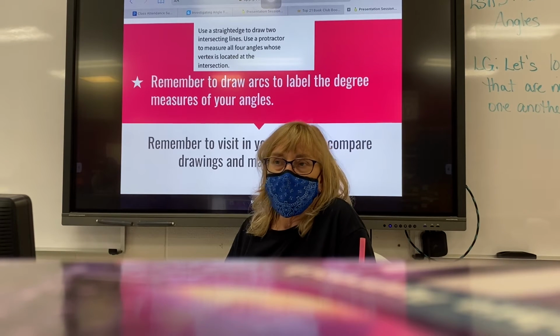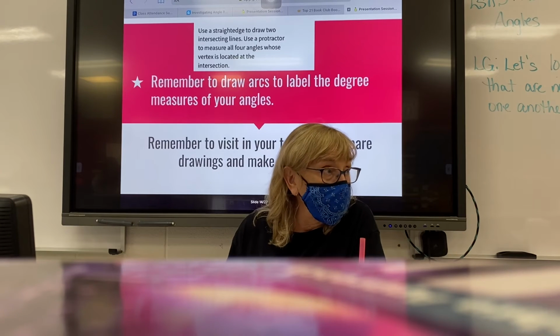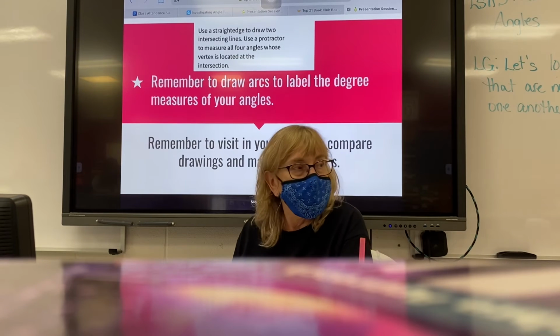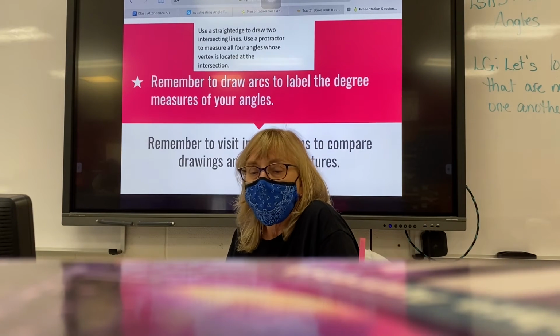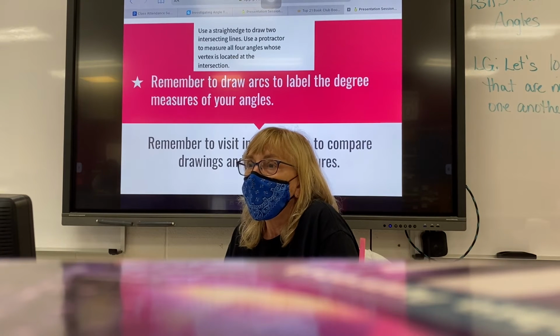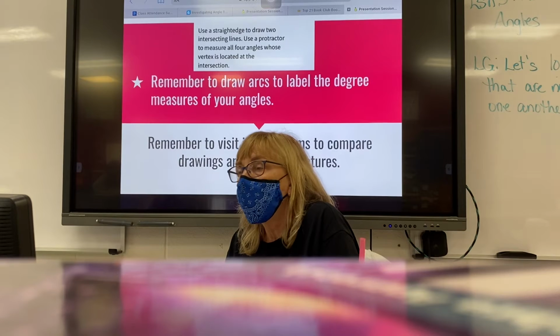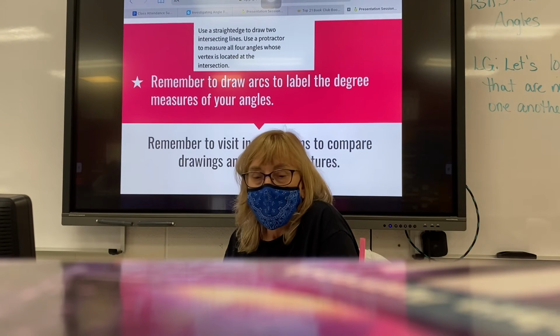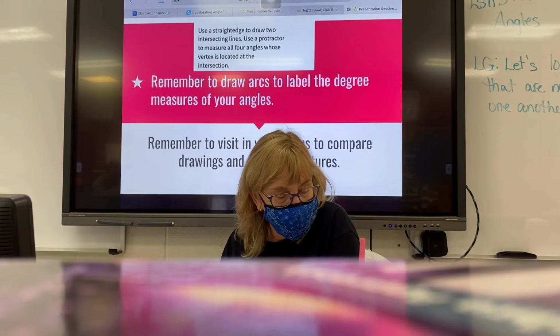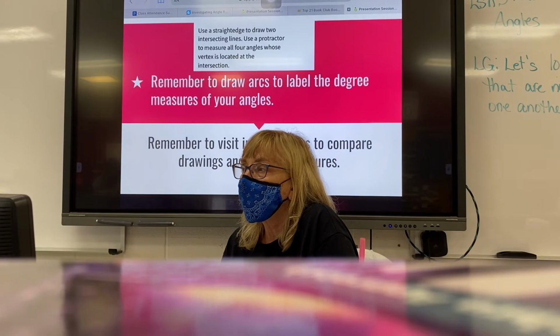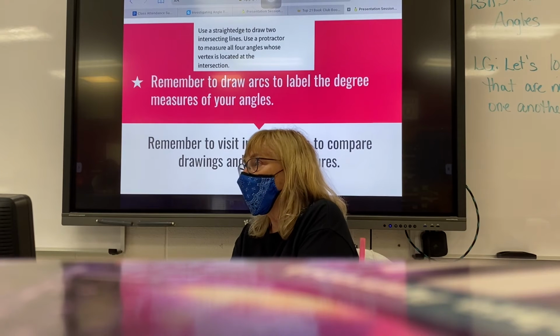Once you're done, if you're already finished, draw another set of intersecting lines, but don't do the same cross as you did before, and measure those angles. Anybody need help? I'll be happy to help if you need help. Measure your angles as accurately as you can.